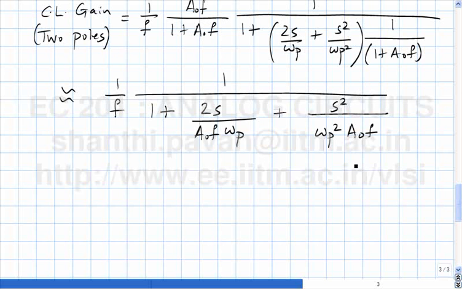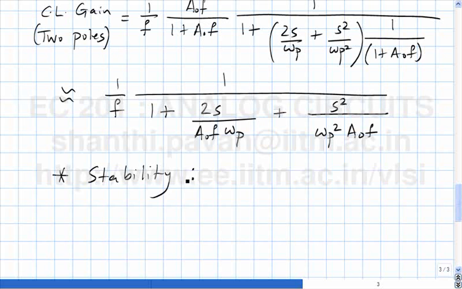Clearly, the forward amplifier is a second order system. The closed loop system is also of second order. Can you comment on the stability? When is the system stable? When both the poles are in the left half S plane.